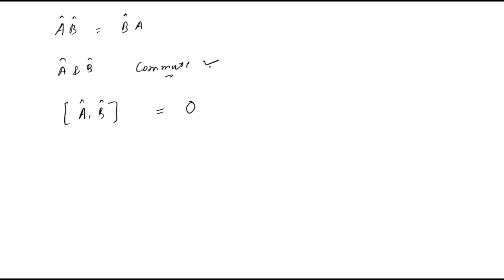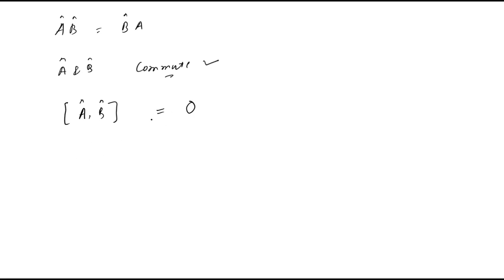Now we have seen that if A and B are operators, AB will not be equal to BA. But sometimes they can be equal, and then we say that A and B commute with each other. So by this we mean if we take the commutator of A and B, and if it equals 0, that means they will commute.